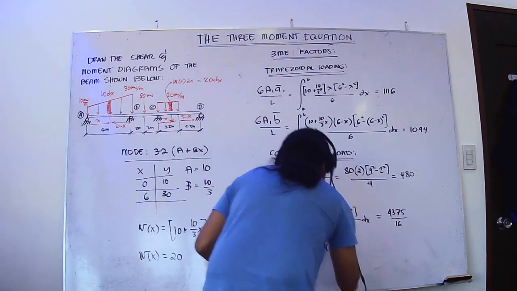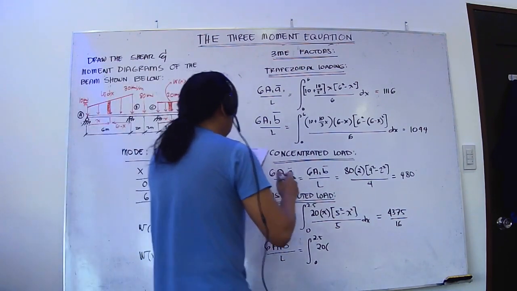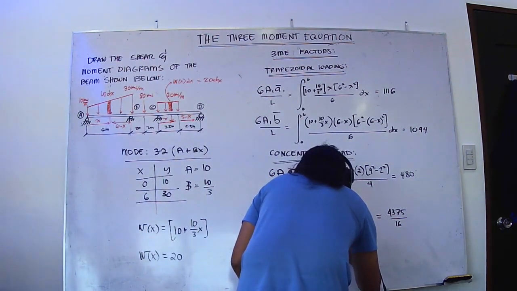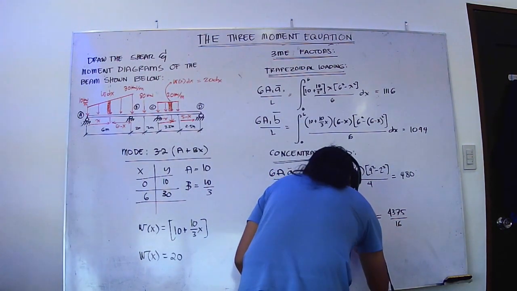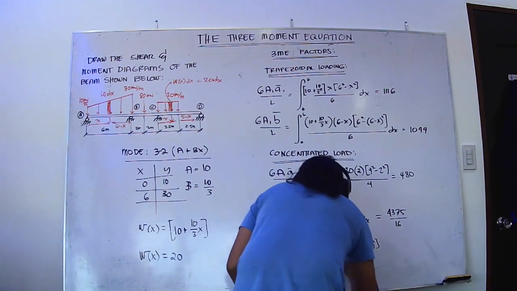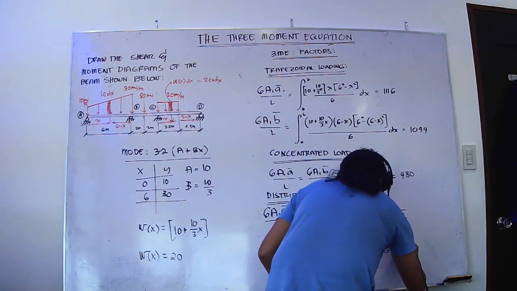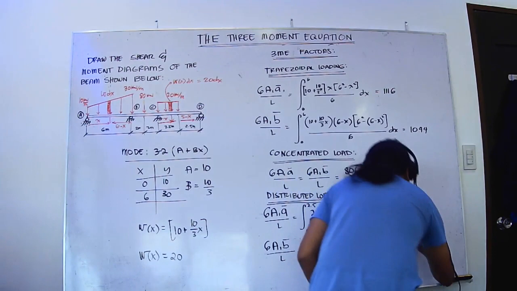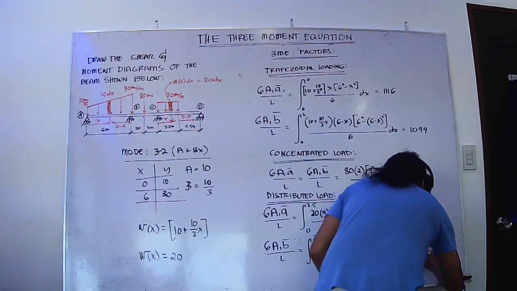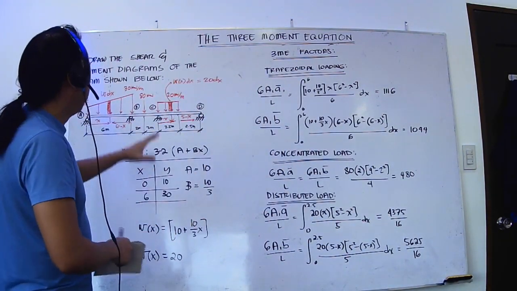We just interchange the roles of A and B. So our B here is 5 minus x, multiplied by 5 squared minus (5 minus x) squared, over L, 5 dx. That should be equal to 5625 over 16.